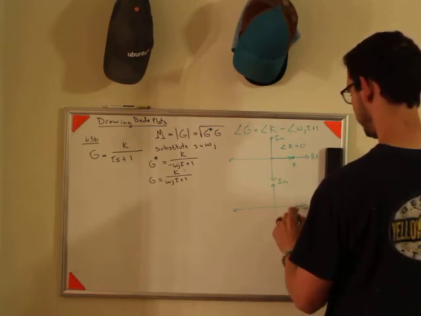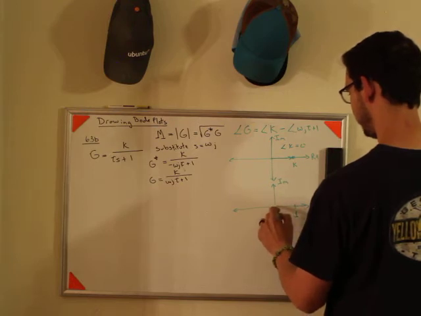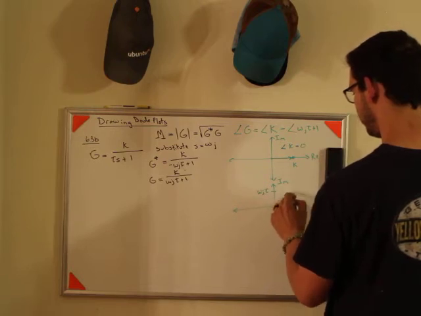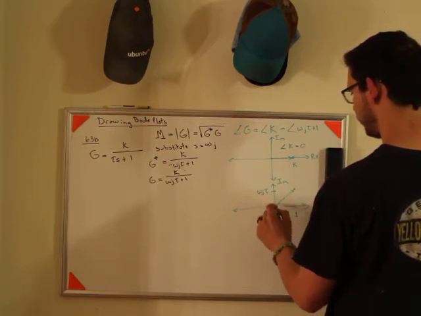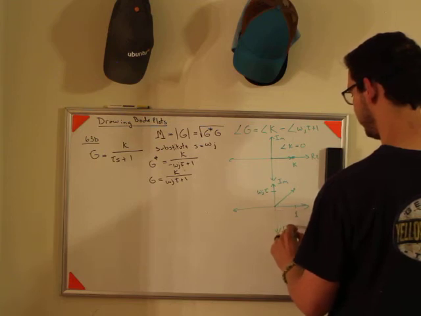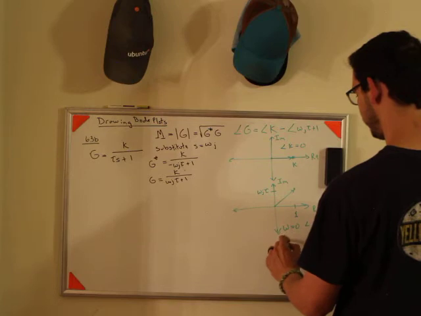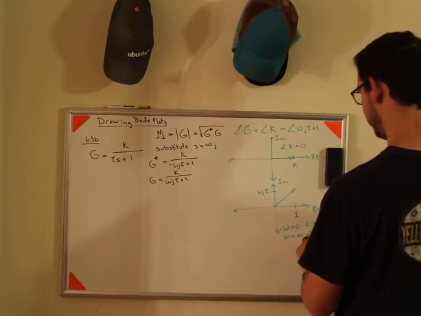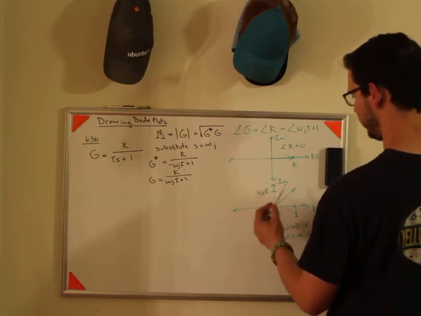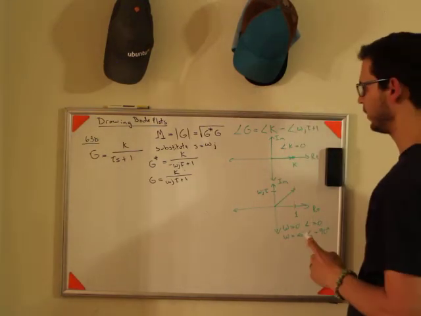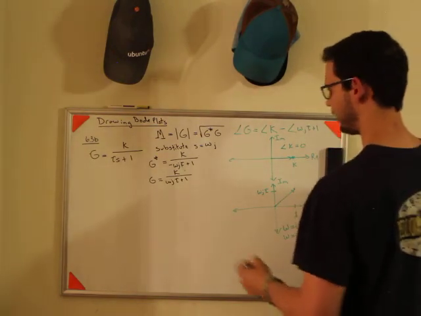If I draw 1 and omega j tau, and I draw a vector, when omega is 0, my phase is 0, but when omega is infinity, my phase is 90 degrees, right? When omega goes to infinity, this vector is just going to get bigger and bigger and approach infinity, okay?